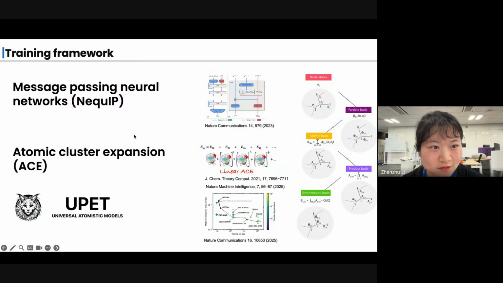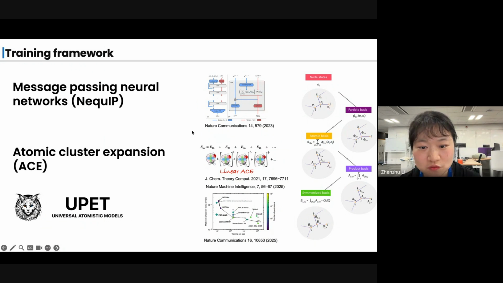So I summarized three different flavors, but there might be more. Based on my understanding, one representative is the NequIP model. NequIP or 7net models all use message passing. But message passing is quite computationally demanding, so the MACE-based models use the atomic cluster expansion.